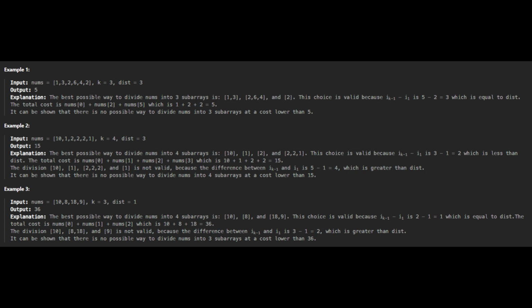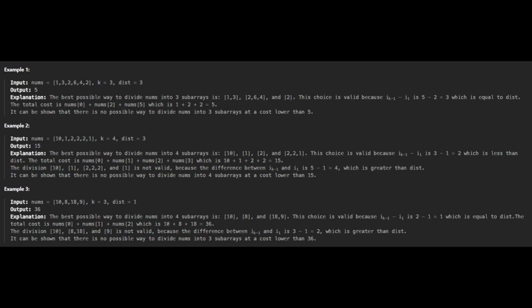Example 3. Finally, let's look at example 3. The array is 10, 8, 18, 9, with k equals 3 and dist equals 1. Here the distance constraint is very strict. The best valid division is 10, 8, 18, 9. The costs are 10, 8, and 18.